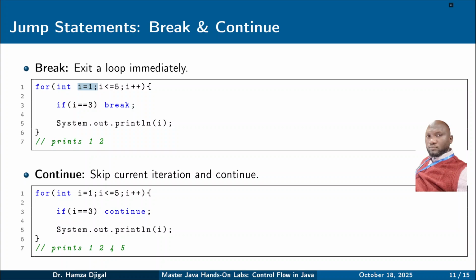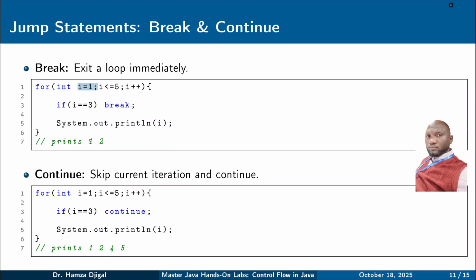So we enter the loop. Since we enter here, now we check again: if i is 3, we break. It means it will print all values except when i is 3. When it's 3, it will break, which means it goes out of the loop so that it will not continue.